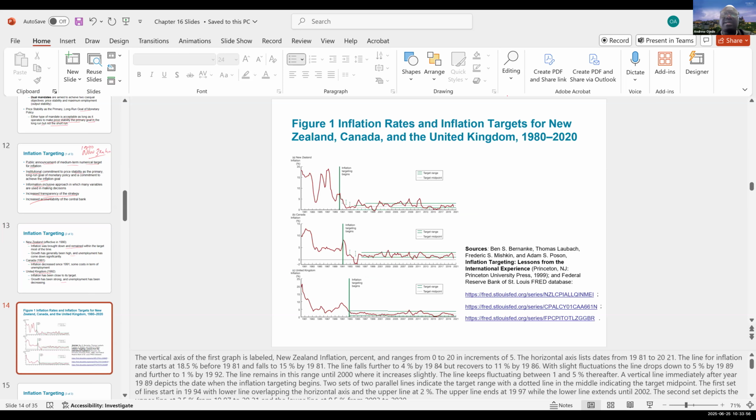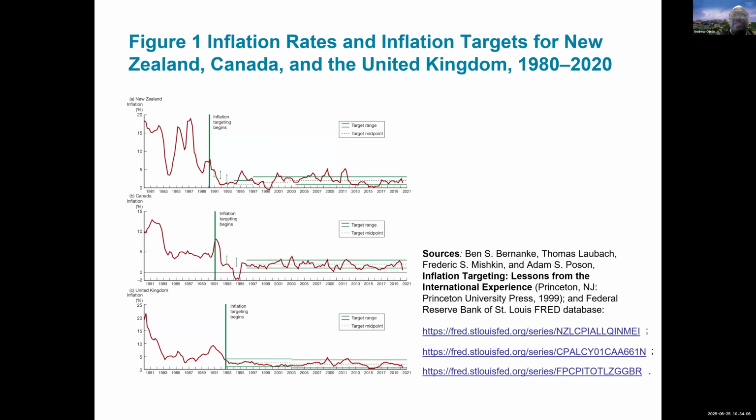So here's the reality of those cases. Maybe for England, the Bank of England, if you look at this, you could argue that we don't see a lot of evidence that inflation targeting was responsible for bringing inflation down. Why? Because inflation was already coming down in the UK anyway. It was high, but when inflation targeting was adopted, inflation was coming down already.